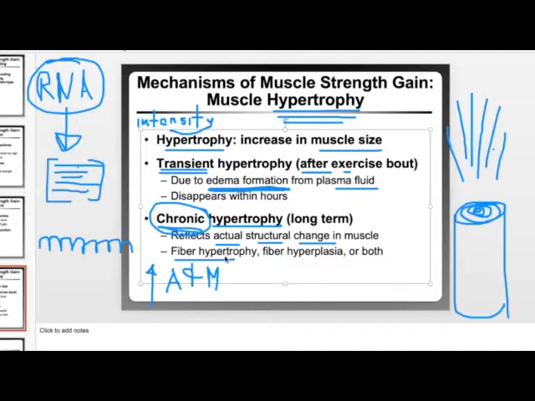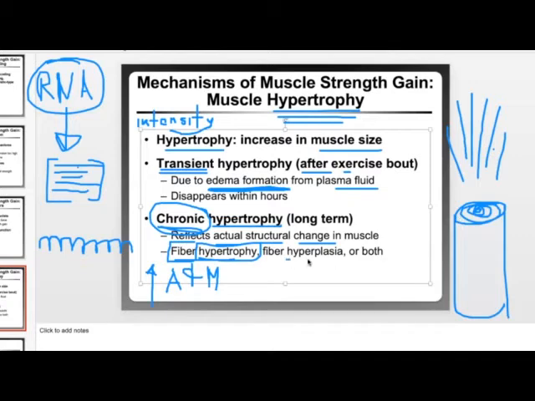So hypertrophy is an increase in the growth of the muscle. And they're saying that the growth of the muscle happens because the fiber is growing. And the fiber grows by laying more and more actin and myosin and sarcomeres around each other. And each muscle fiber grows in diameter.